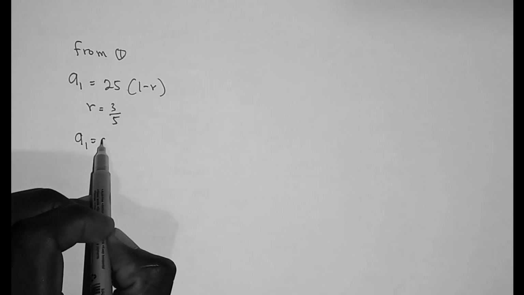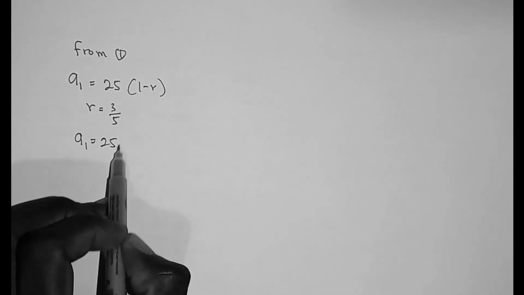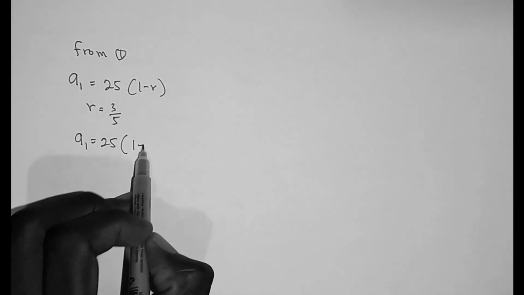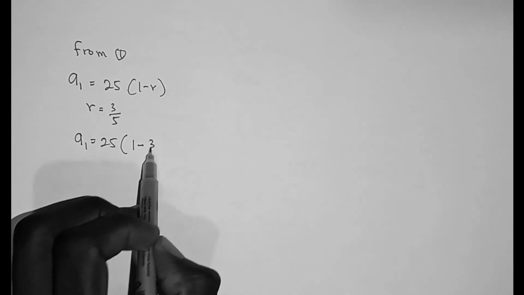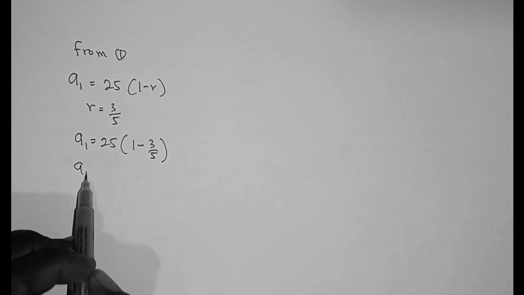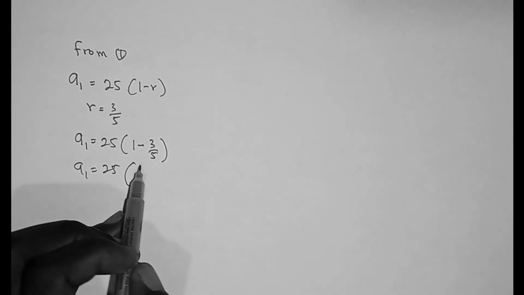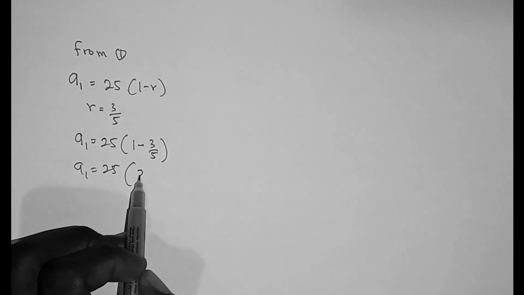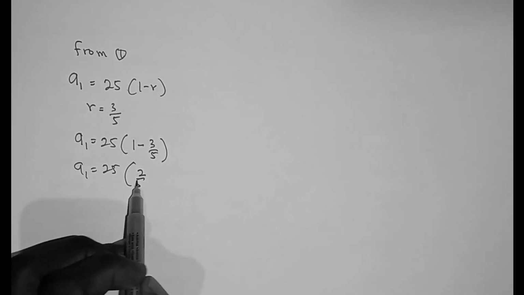So a1 is equal to 25 times 1 minus r, which is 3/5. And so a1 is equal to 25 times 1 minus 3/5, which is 2/5. And 25 divided by 5 is 5. So a1 is equal to 5 times 2. And therefore a1 is equal to 10.